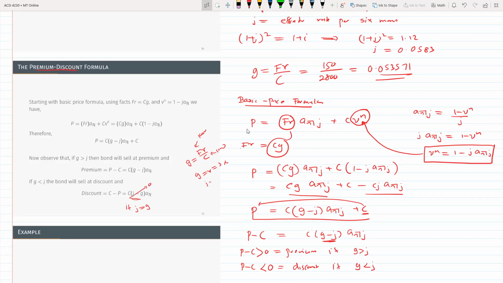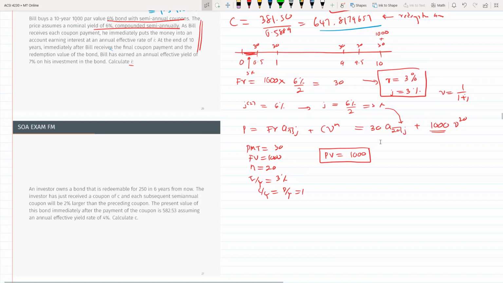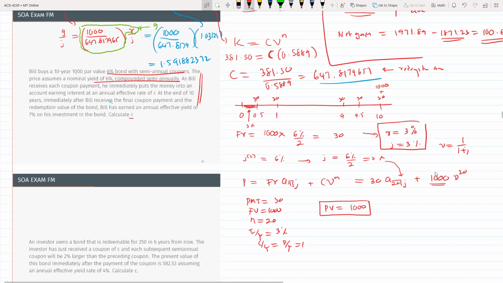Then you end up with discount being 0, so redemption amount equals price. That's why you get exactly $1,000. So you really don't need to do that calculation. If you notice that G equals J, then you can just say the price would be 1,000. Anyway, so the price is 1,000.